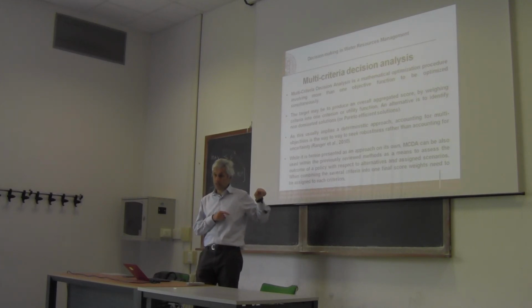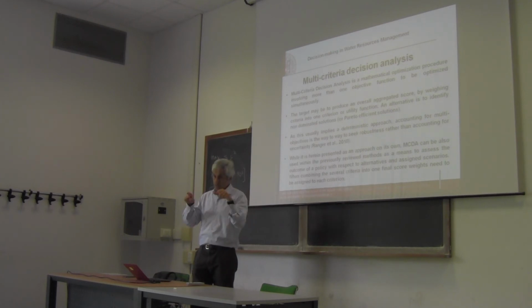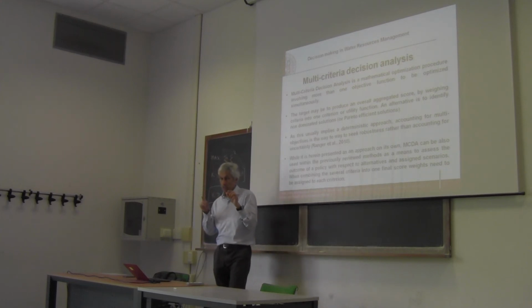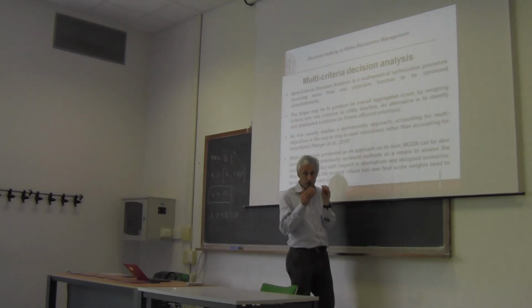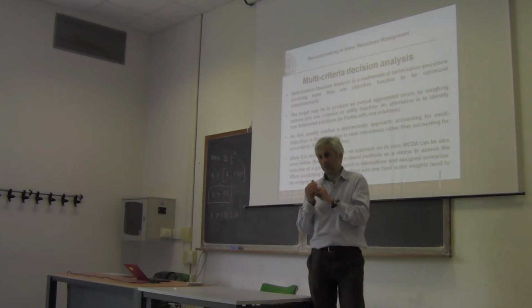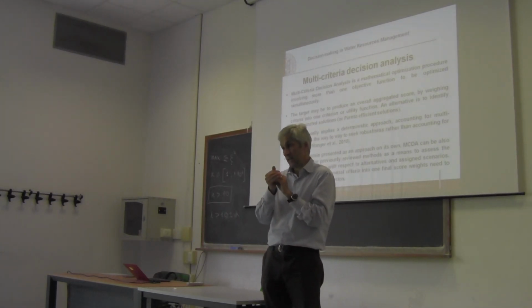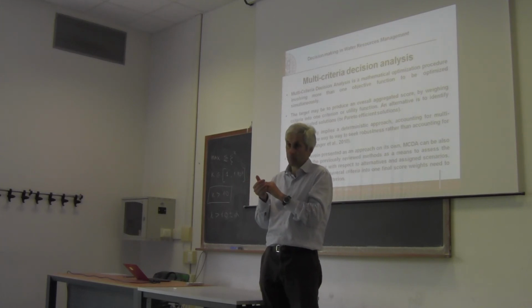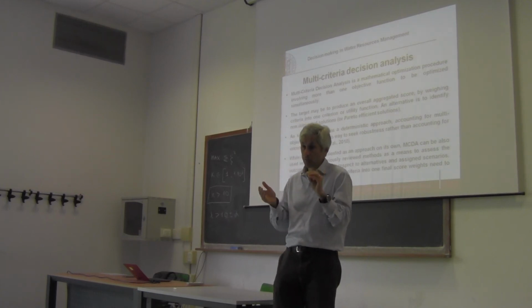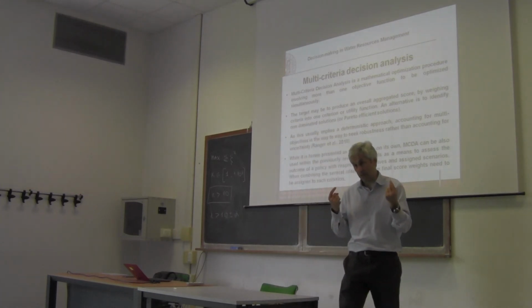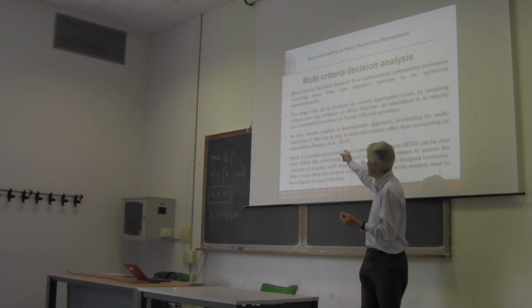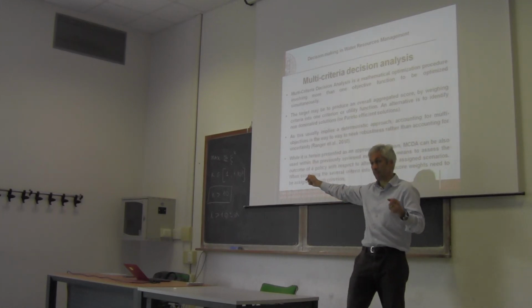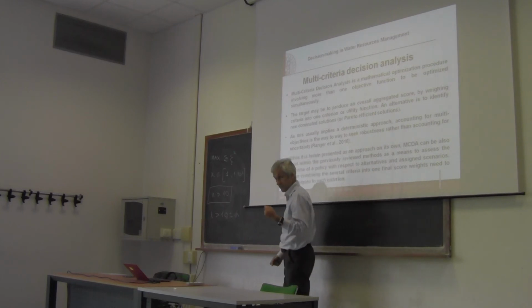Because these methods, InfoGap, robust decision making, decision scaling, any of them at a certain stage contains an evaluation of the effectiveness of strategies. And as I mentioned, you need a measure of success. This measure of success typically is your objective function, but it could be more than one objective function. And then you fall back in the multi-criteria case.